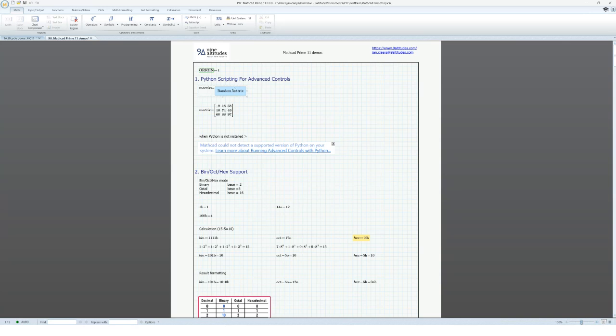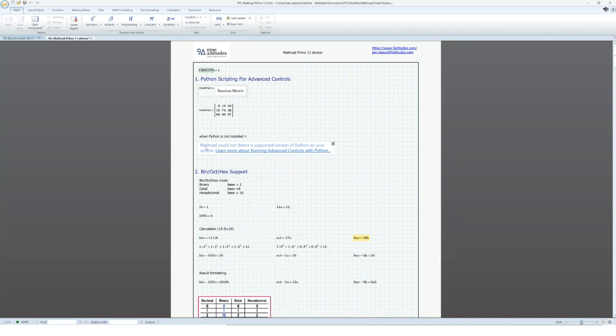So this can be useful in situations in which we lack functionality in Mathcad, or we want to expand the existing functionality in the program. Of course, it's quite important that Python is installed. When it's not installed, I pasted the message from Mathcad, so it will be signaled to the user.